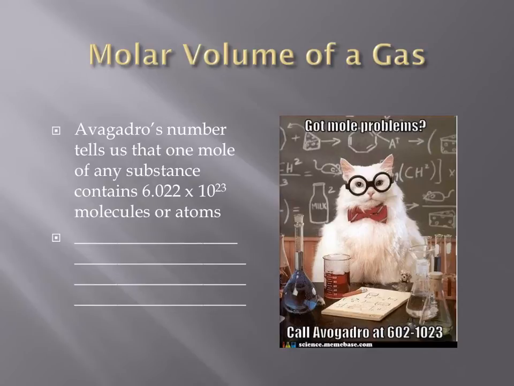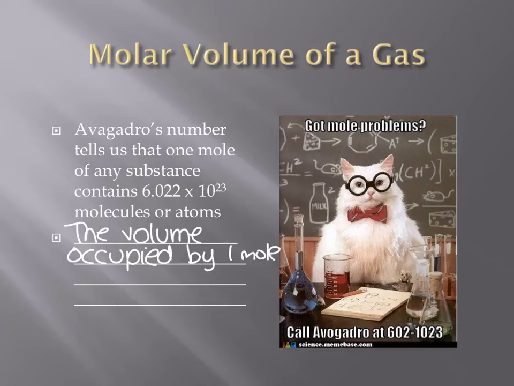Avogadro's number tells you that 1 mole of any substance has 6.022 times 10 to the 23rd molecules or atoms. So the volume occupied by 1 mole of a gas at STP, what's STP again?